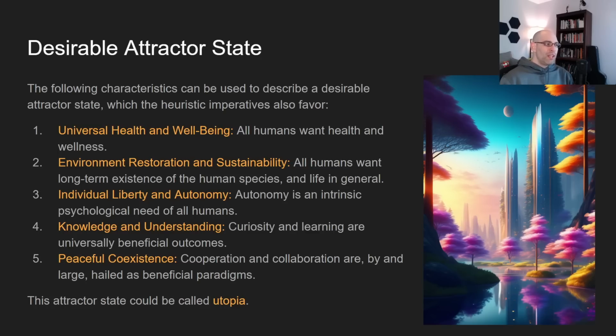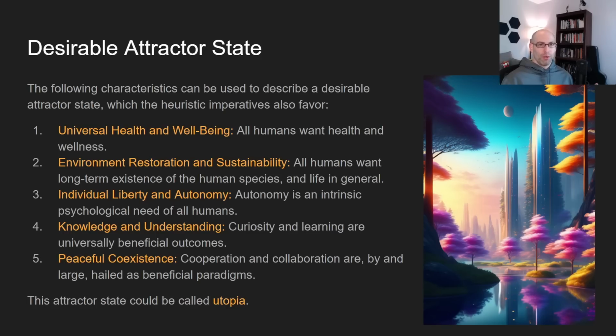Number three, individual liberty and personal autonomy. This is an intrinsic psychological need for all humans. Number four, knowledge and understanding. Curiosity and learning are universally beneficial, which is why education is one of the primary goals of nations and unions of nations, such as the United Nations, European Union, and so on.